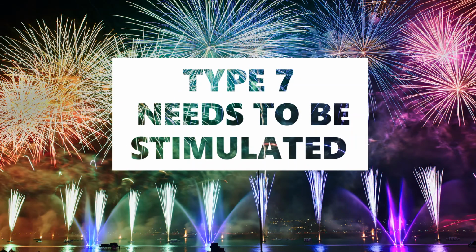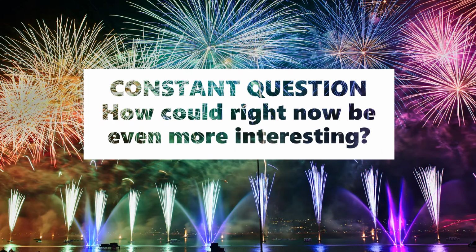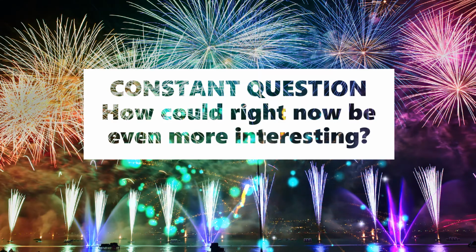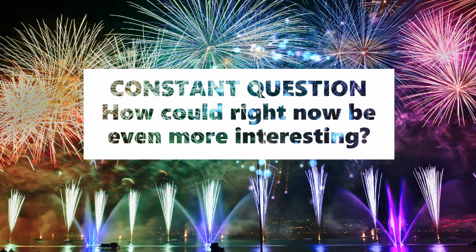Type 7 needs to be stimulated, desires for everything to be new, exciting, and interesting. And their constant question, how could right now be even more interesting? There's always stuff going on around us at all times, but how could we turn the volume up a little bit more? How could we make this more exciting? How could we make this more interesting? How could we even make this more sad?